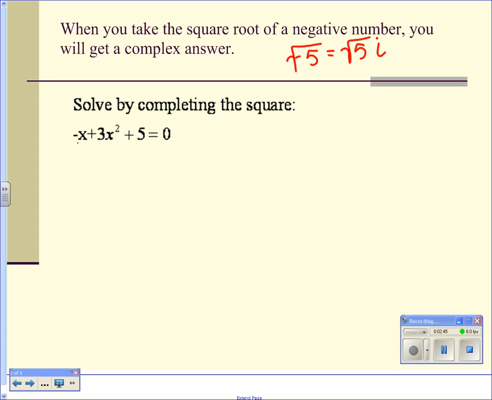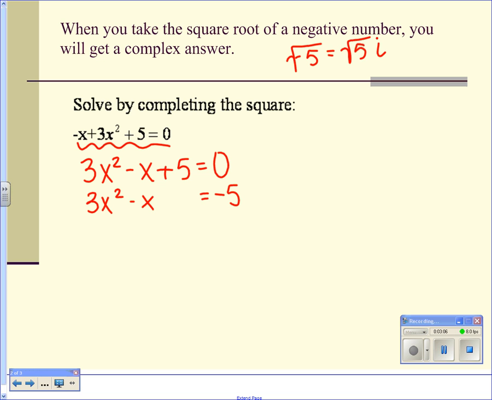All right, so looking at this, do you remember what you do for completing the square? Oh, you have to make the x, and you move the 5 over. Do you remember what comes next?